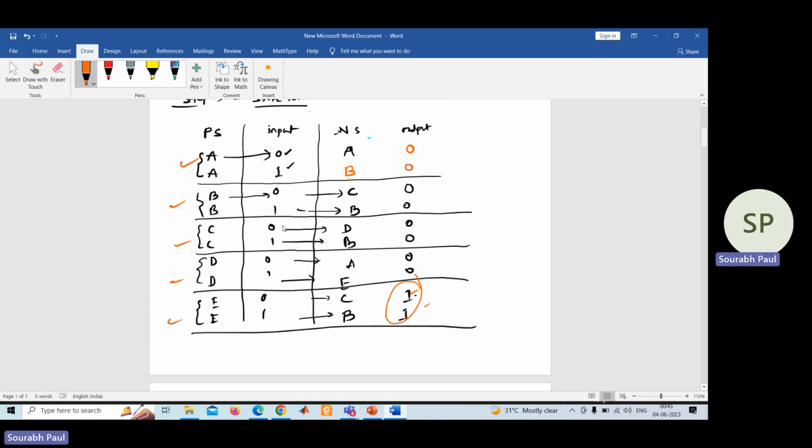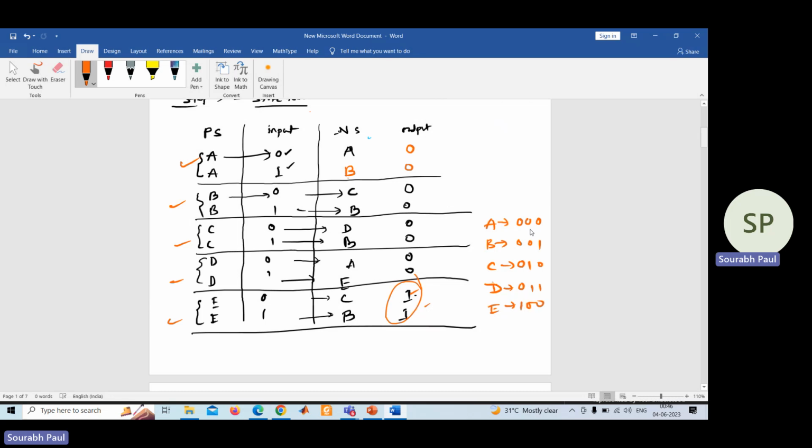Why 3 bits? Because as you have 5 different states, each state has to be represented by a combination of at least 3 bits. So A will be represented by 000, B is 001, C is 010, D is 011, and E will be represented by 100.